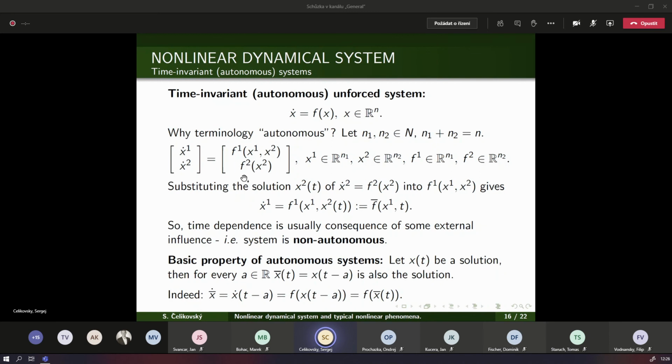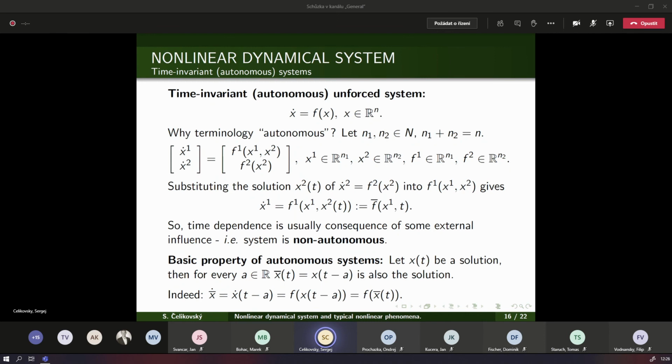And now if it is present here, if we solve this equation, x2 will be some function of time, we will substitute it here, and we will see that it is actually dependent on time. So it is really interesting to think that behind this term autonomous, non-autonomous is this idea. Any time dependence around us is actually caused because we want to split off some smaller part of reality.